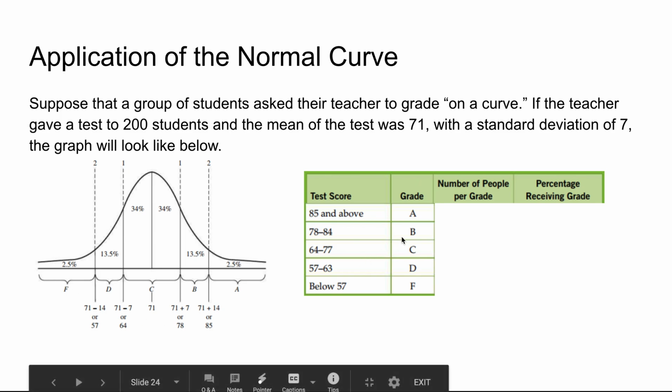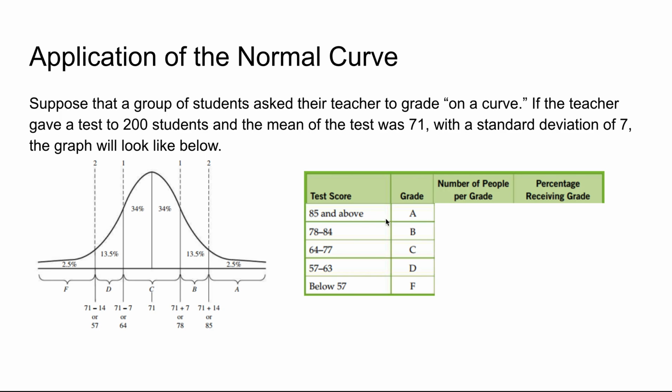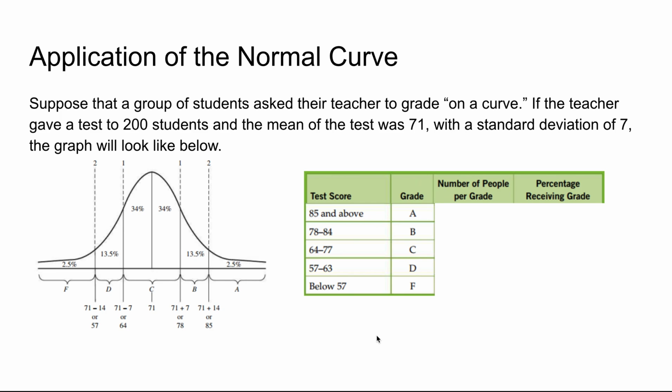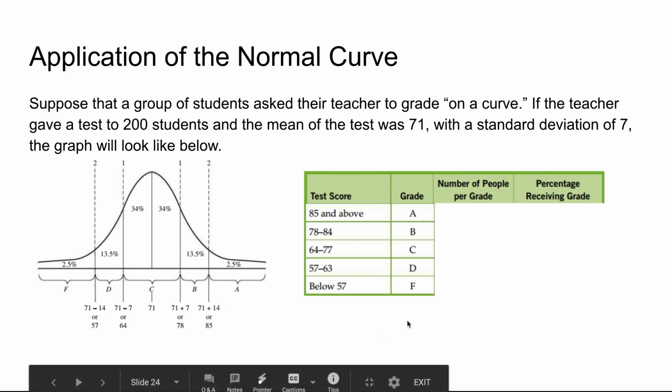So if your teacher is using this method to give the students an A, B, C, D, or F grade, figure out how many people per grade you can have. I think this is very interesting. Okay, how do we find that? 85 and above.